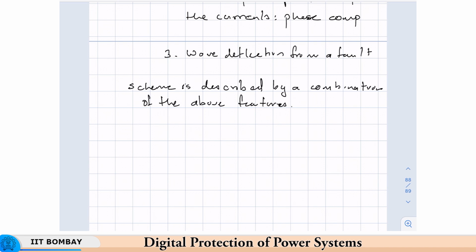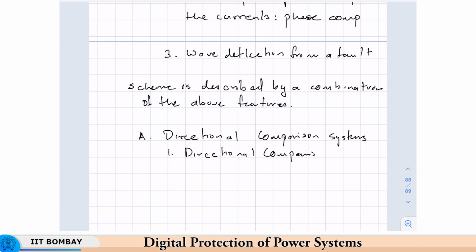Okay. So, now there are other schemes like directional comparison schemes: directional comparison blocking, directional comparison unblocking, and overreaching transfer trip. Depending on how the features are combined, we will see these today, the directional comparison systems.